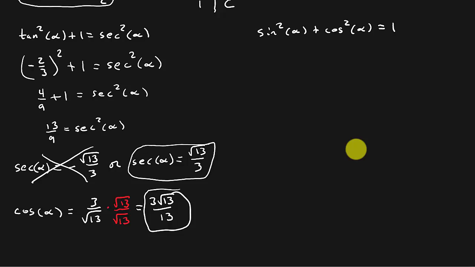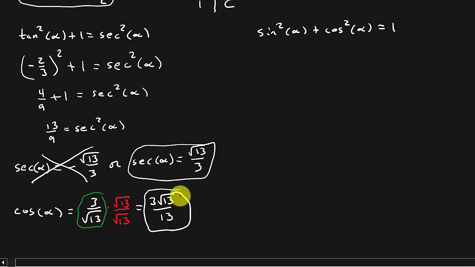Okay. Now, are you going to agree with me that this is the same thing as this? They're the same thing. It's just I rationalized the denominator to get to here. See, I multiplied by 1. So this and this are the same thing. So why not just plug this one in for cosine? So let's do that and let me show you.